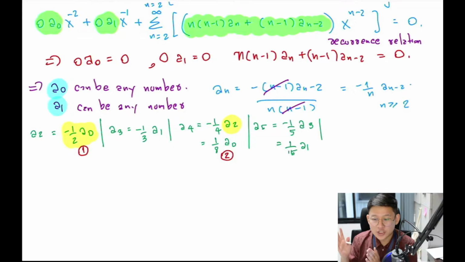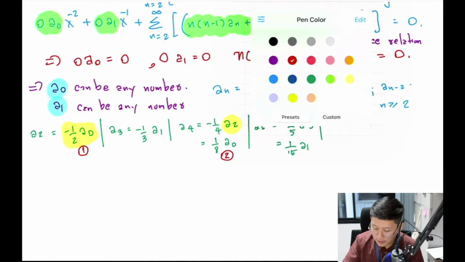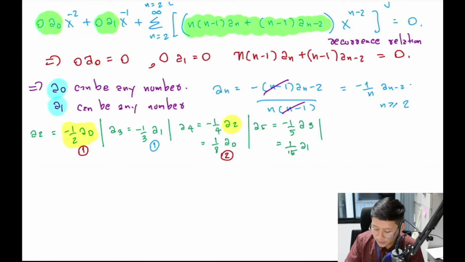It's not actually what you should do in practice, but it's just what you should do in the exam. So you need to get at least 3 more a's in terms of a0 and at least 3 more a's in terms of a1. So now you have, this is the first one, this is the second one in terms of a1, right? So we need 2 more. Okay, we need 1 each.